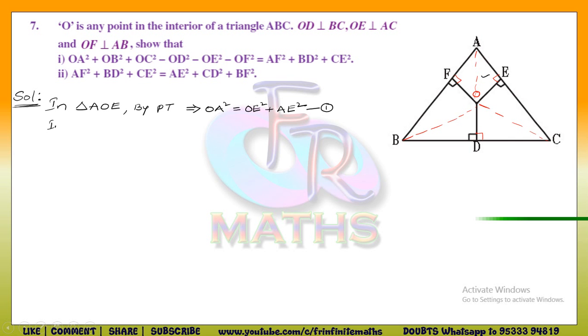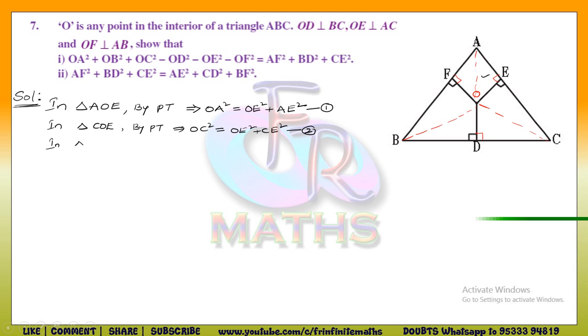The same way, next moving on to the next triangle, triangle COE. I am moving in clockwise direction. By Pythagoras theorem, OC square is equal to OE square plus CE square. This is equation number 2.